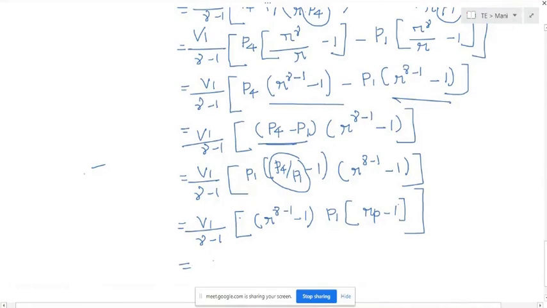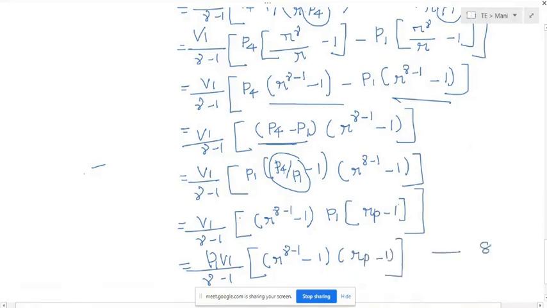Okay, and P1 V1 divided by gamma minus 1 into r power gamma minus 1 minus of 1 into rp minus 1. So this is equation number 8.